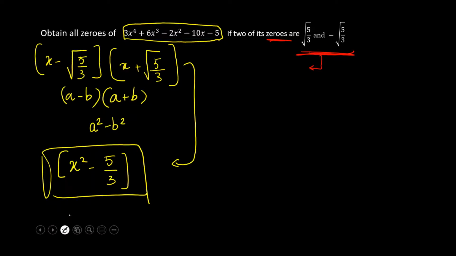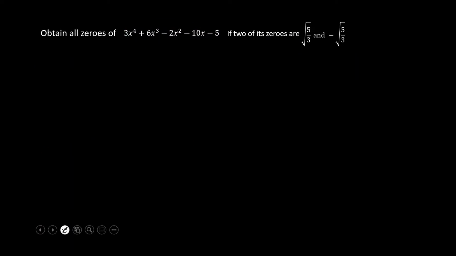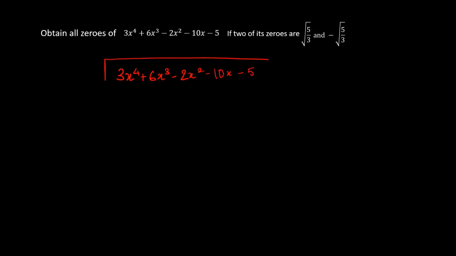Okay, so let me write that down. So that's 3x power 4 plus 6x cube minus 2x square minus 10x minus 5, right? Now that's getting divided by x square minus 5 by 3.